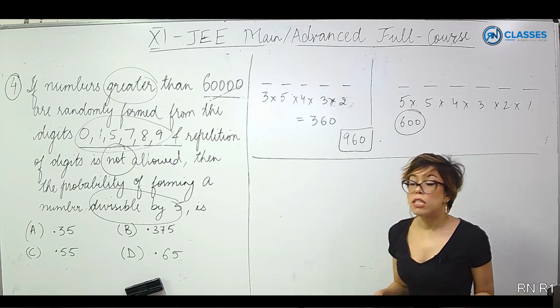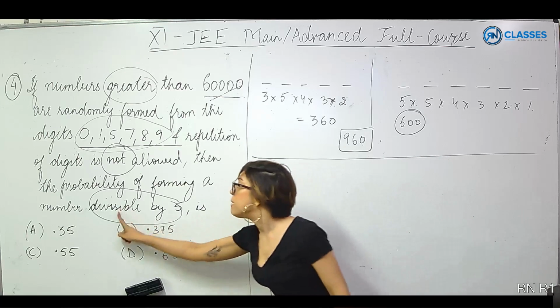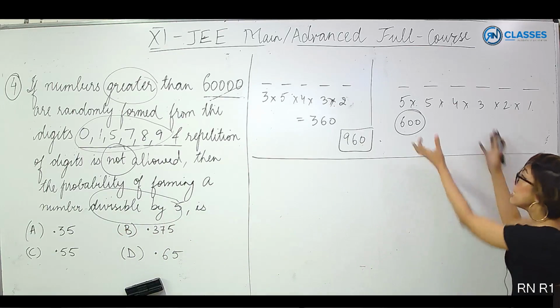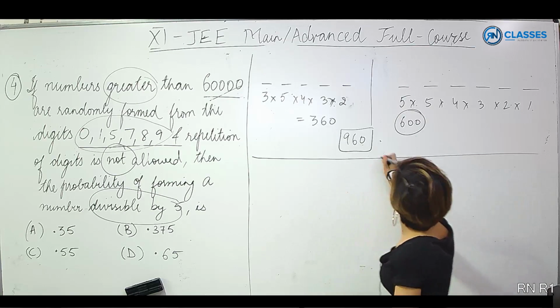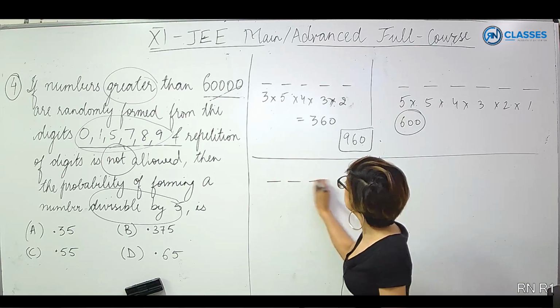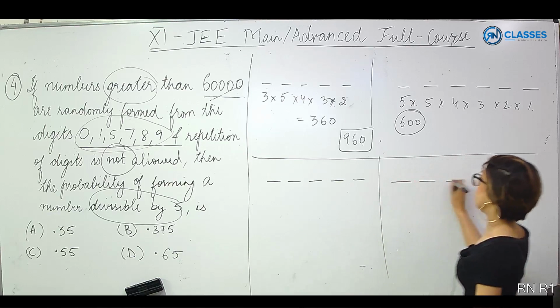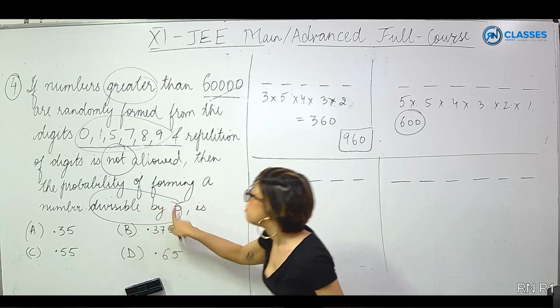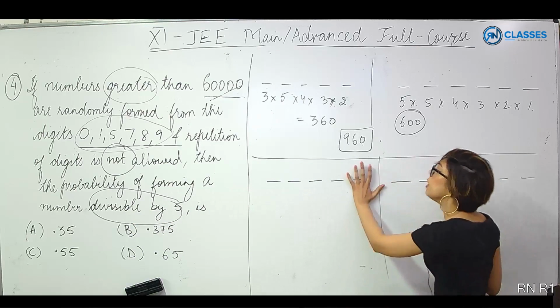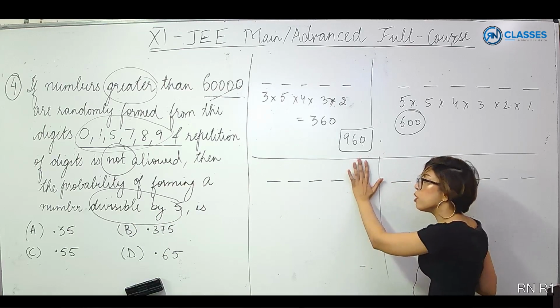Now, the event. The event is that the number should be divisible by 5. That means out of these numbers, I need only those divisible by 5. Let me talk about the 5-digit numbers first, then we will talk about the 6-digit ones. The number has to be divisible by 5, so the unit place can be either 0 or 5.